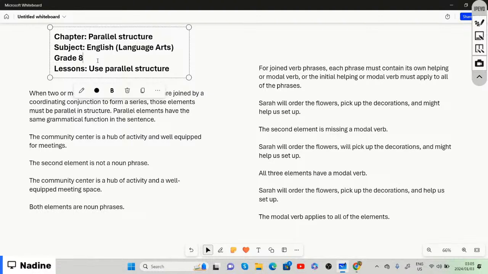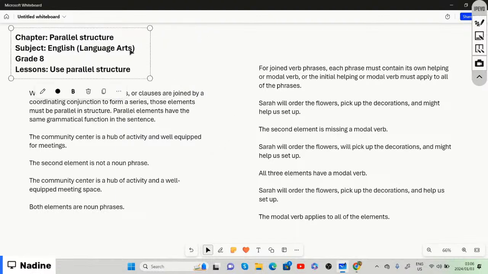So we're going to focus on parallel structures, grade 8, and we are doing our tutorial lesson on aplusstudents.ca.